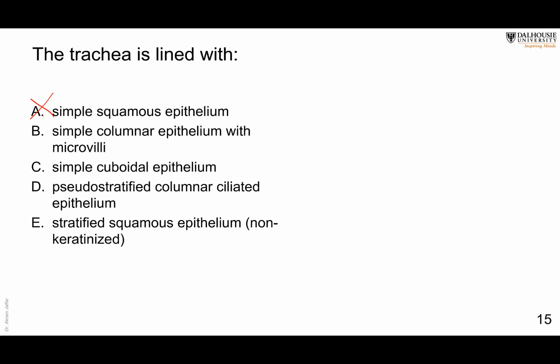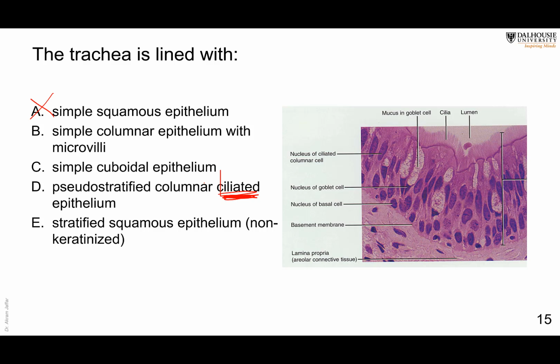So it needs to be lined with an epithelium that provides warmth, traps particulate matter and foreign substances, and moves the mucus away toward the pharynx. That's why it is lined by a ciliated epithelium. These cilia have a sweeping action. So it is a pseudostratified columnar ciliated epithelium.